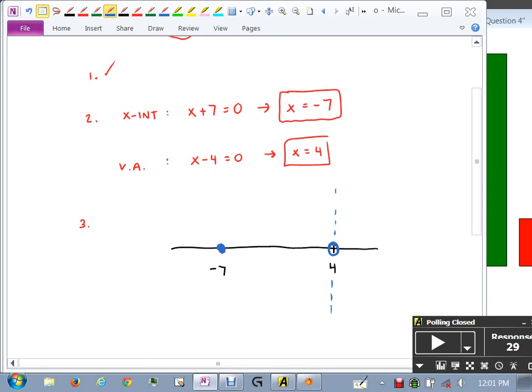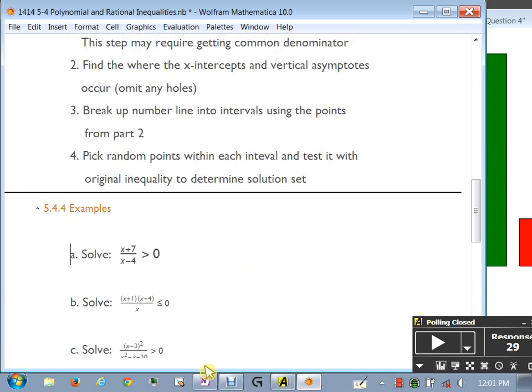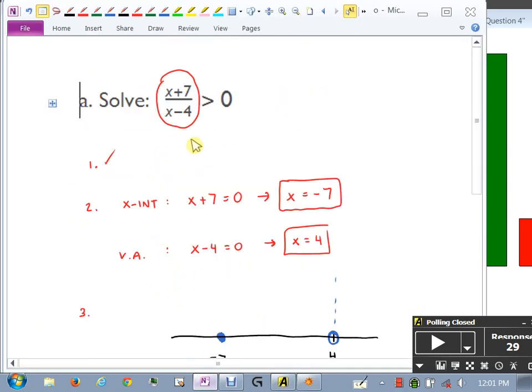Okay, so have we done step 3? Yes, we broke up the number line. Now, pick random points within each interval, test it with the original inequality to determine the solution set. The problem is to figure out when this thing is bigger than 0, right?